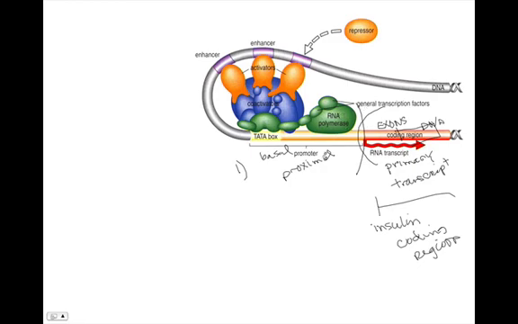So the proximal promoter is always right next to the start of transcription. This is the start of the transcription unit. This is the place where the DNA is going to get copied into RNA. So this is a basal proximal promoter. It's the proximal promoter because it's right next door.